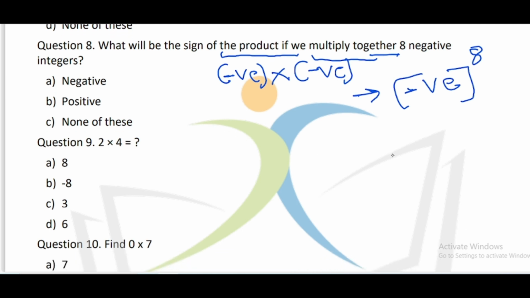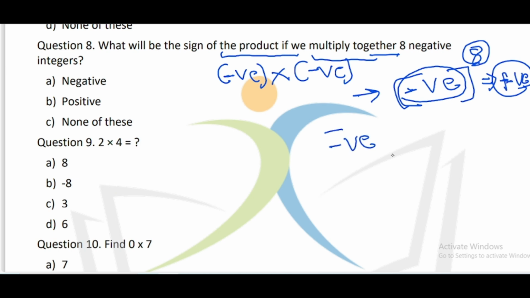If the negative integer's exponential power is an even number, then the result is always a positive integer. Same as, if a given negative number's exponential power is an odd number, then the result will be a negative integer.